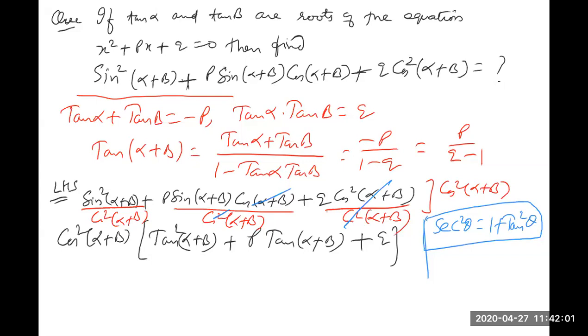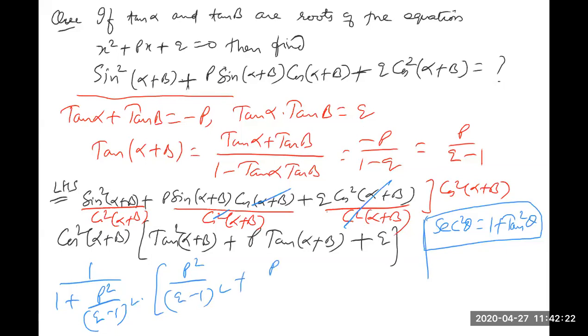So this is p square upon (q minus 1) square, plus p into p upon q minus 1, plus q.